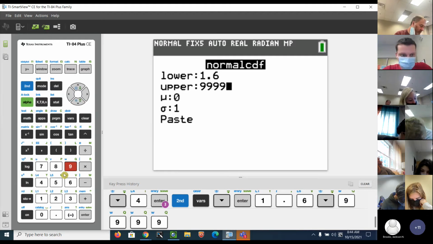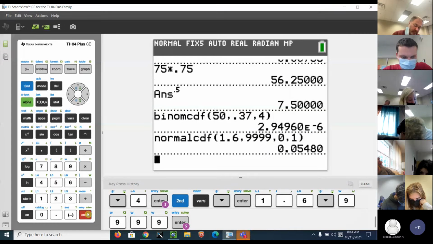And we're supposed to be around 8%, 8.5%, maybe a little bit off, but okay, we're a little bit off because it's smaller toward the tails. 0.0548. So our actual answer is 0.0548.